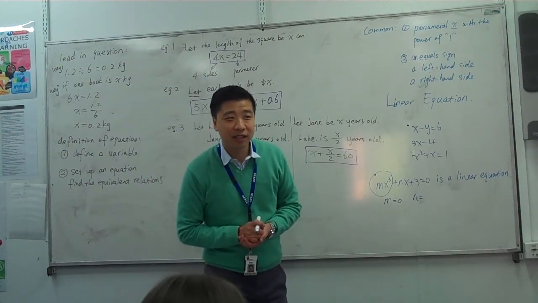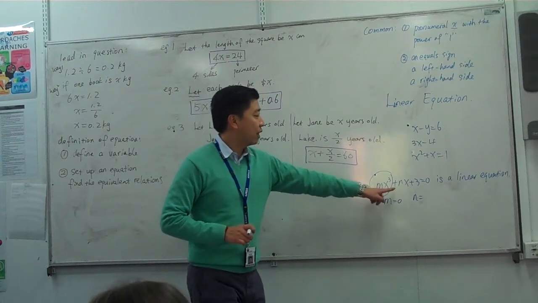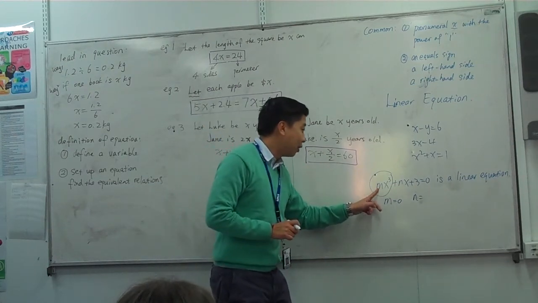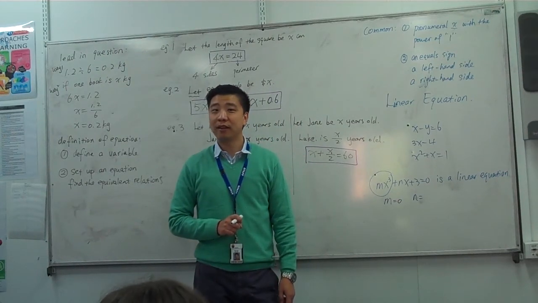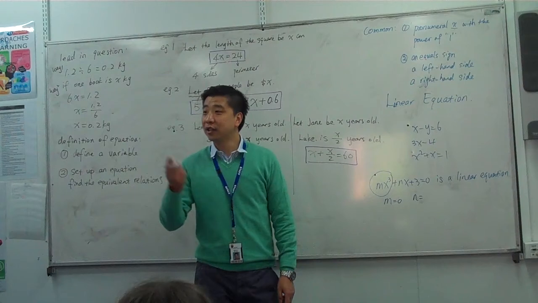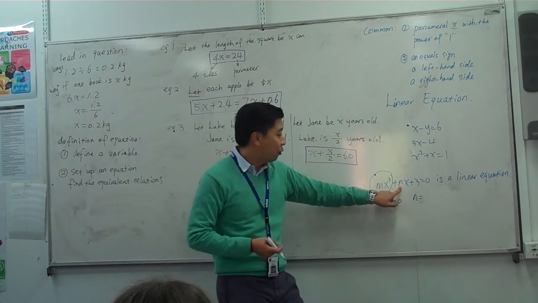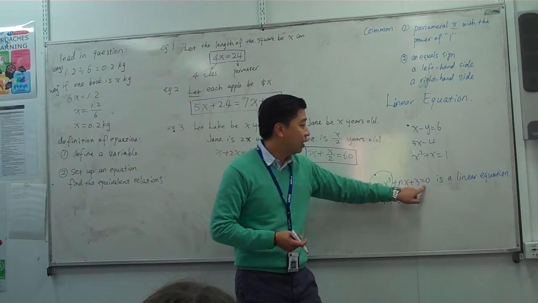What's your answer, please? He said it's 0. Could you explain why you think that's 0? He said because the other one is 0, so this one is 0. Now tell me, if n equals 0, that will be 0 plus 0 plus 3 equals 0.